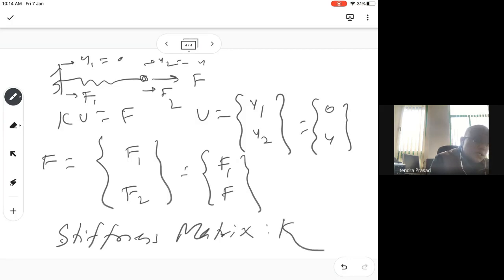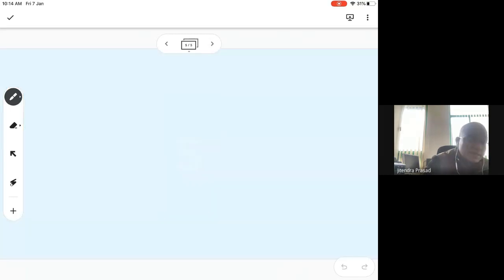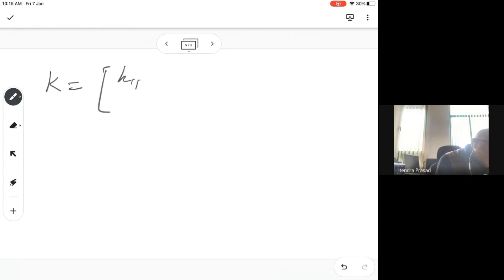Stiffness matrix K. Okay. Now, K will have K11, K12, K21, K22, right? Looking at this, what we have to find out is Kij.